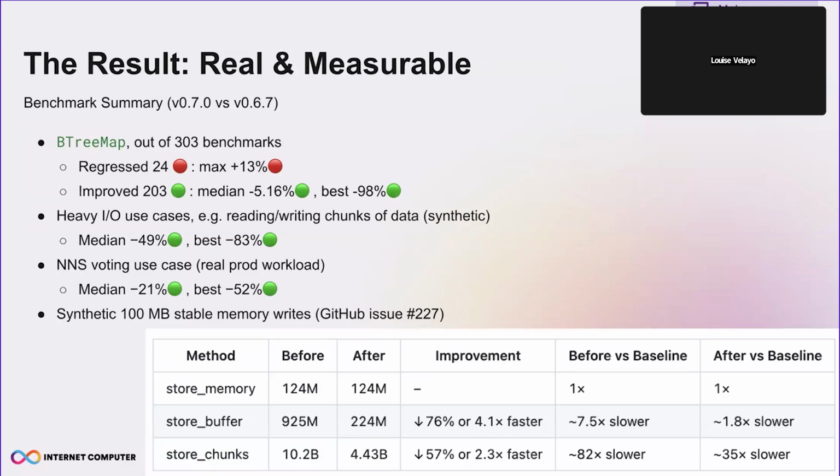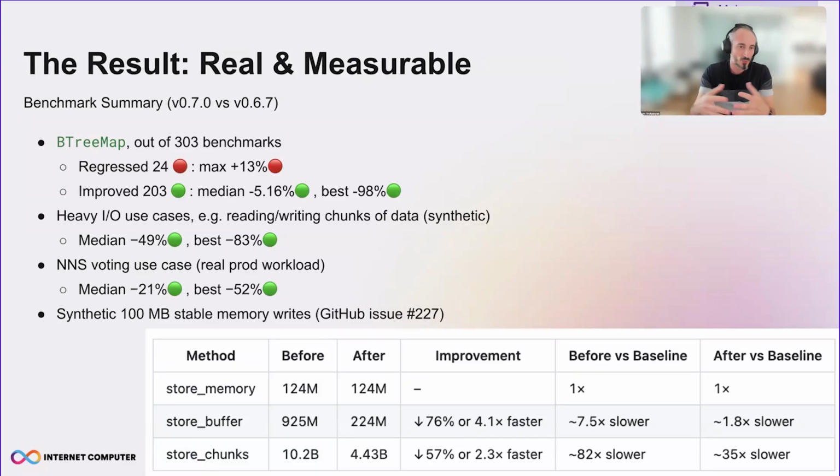And the other, much bigger part, almost 200 benchmarks, actually improved. The median improvement was 5%, and some cases had up to 98% gains in the number of instructions consumed.